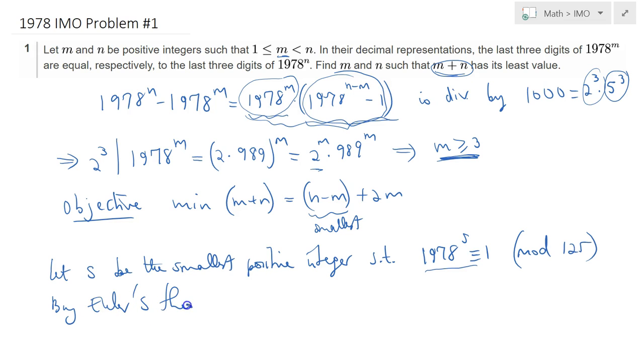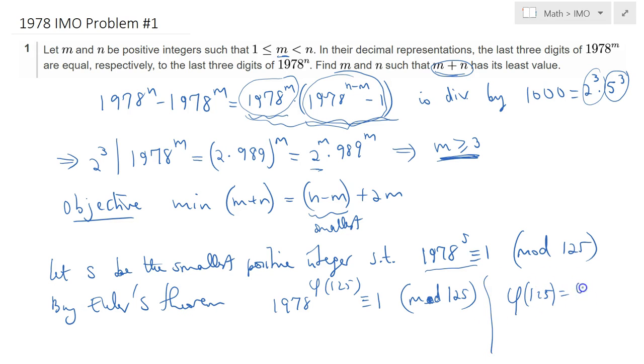Euler's theorem, I know that 1978 to the power phi of 125 is congruent to 1 in mod 125, and it's easy to calculate phi of 125, by the way, which is equal to 5 cubed minus 5 squared, which is 125 minus 25, 100.